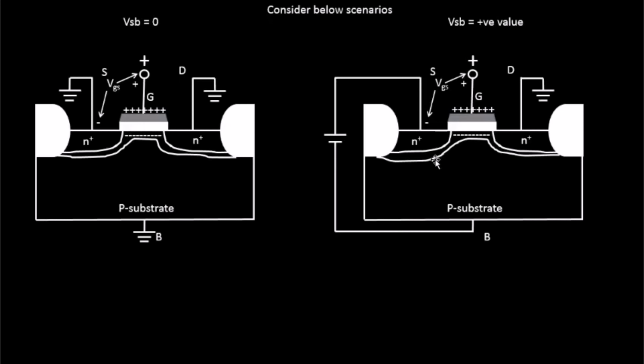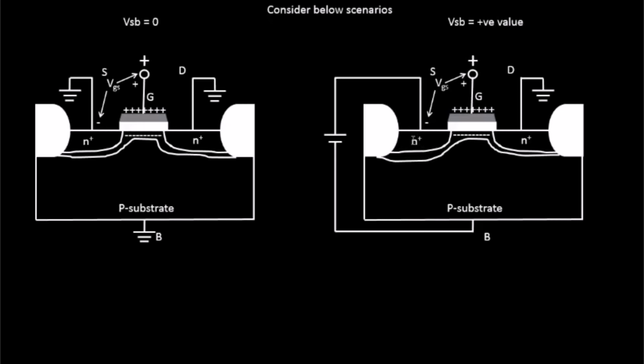One clear thing that is happening here is that you have this N plus area and this p-type substrate, and these form a p-n junction diode. A similar case happens over here as well. But one important thing to notice is that the terminals of the p-n junction diode here are grounded, while the terminals of the p-n junction diode here are connected to a battery source.